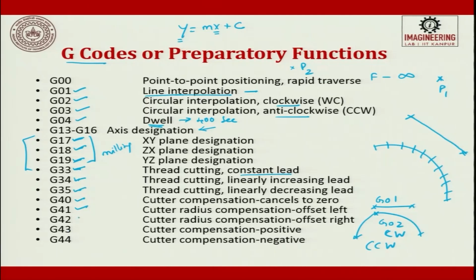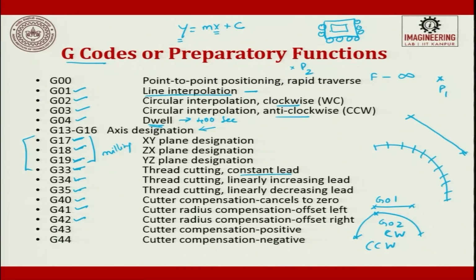G40, G41, G42 are cutter compensation, wherein if you want to do a radius compensation offset along the left, you use G41. For example, if you have a component like this, you are trying to cut. Here you have to understand whether your workpiece is towards your left or right. So this is peripherally I am cutting it.